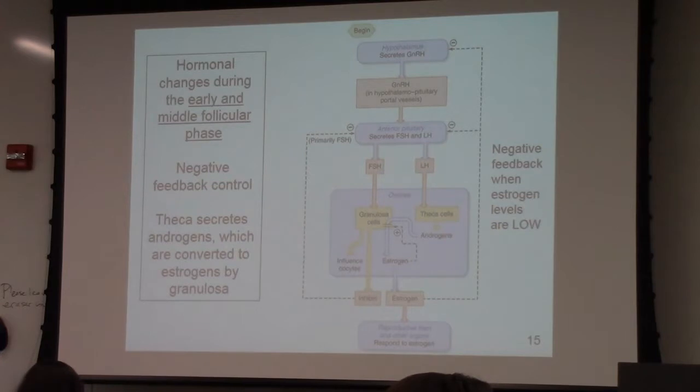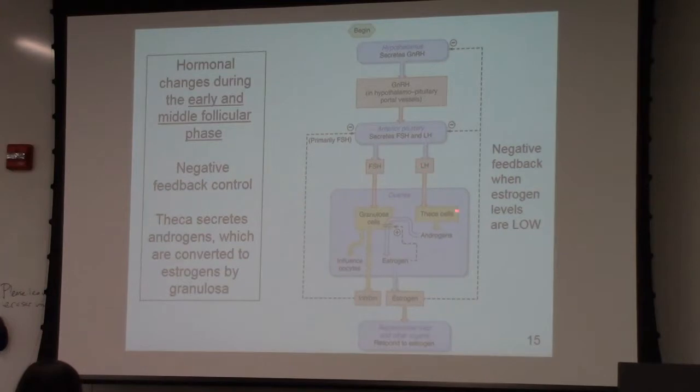Now, things are going to look a little bit like what happens in the testis. FSH stimulates the granulosa cells to develop, similar to the way FSH stimulates the Sertoli cells to develop and promote spermatogenesis.